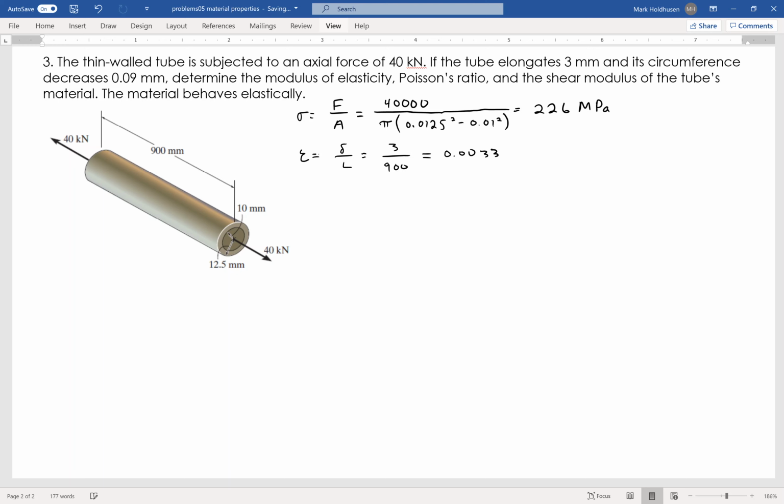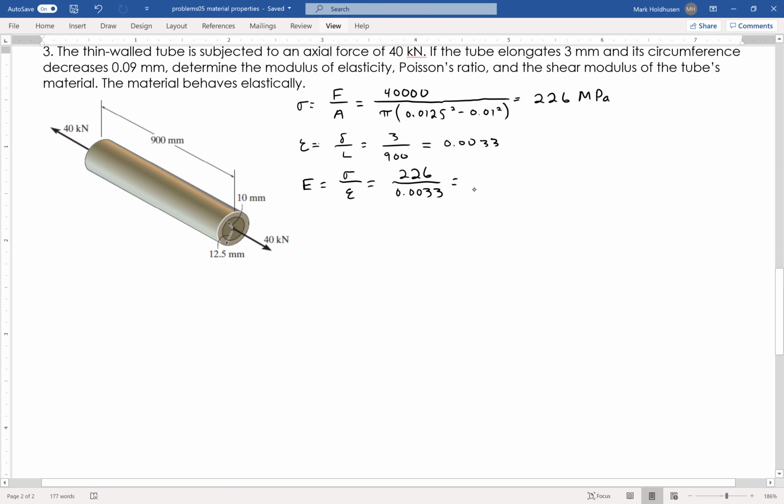Now from that, I can find my modulus of elasticity, which is just stress over strain. So knowing the stress and its corresponding strain, I get 226 divided by 0.0033, and I get a modulus of elasticity of 67.9 gigapascals. Okay?